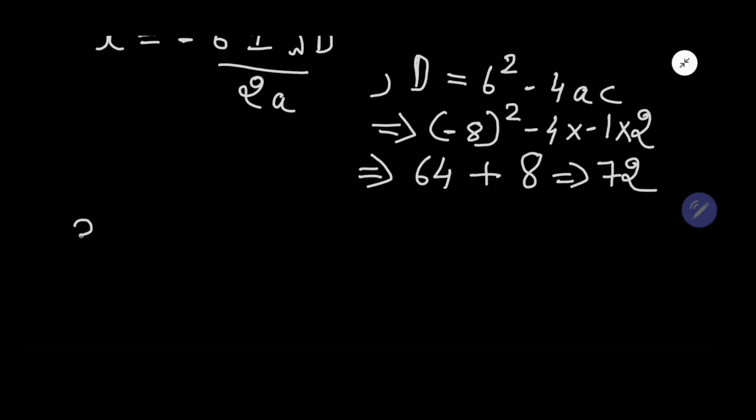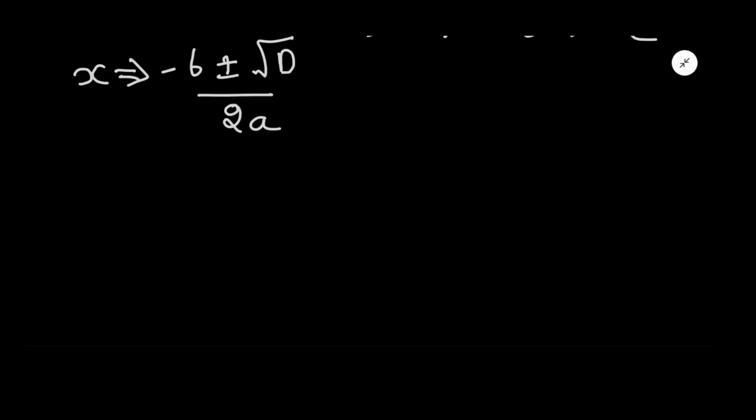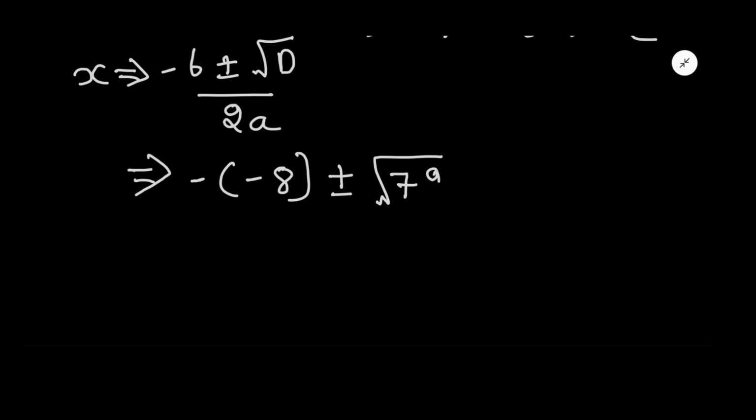So we will put all the values in the general formula, which is minus b plus minus under root d upon 2a. So here b is equal to minus 8, the value of d is 72 and the value of a is minus 1.